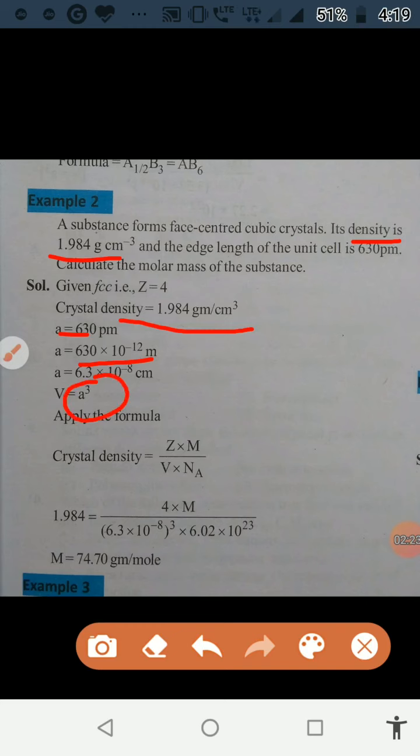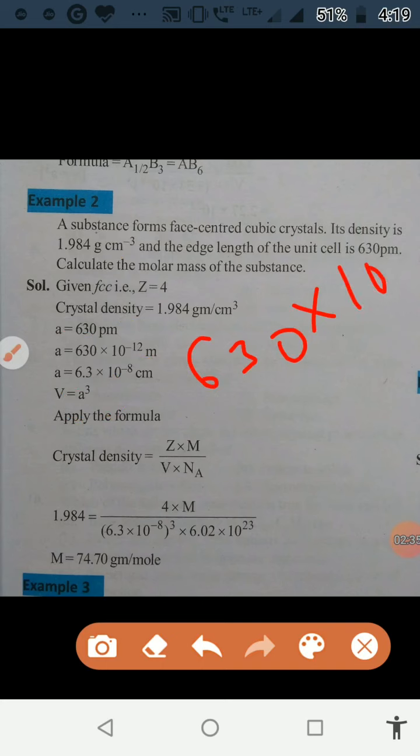If we have to get the cube of A, if it is 630, it is very difficult to get the cube of 630. Therefore, the 630 into 10 to the power of minus 12 meter is given. Here we can assume that there is a decimal point after 630.